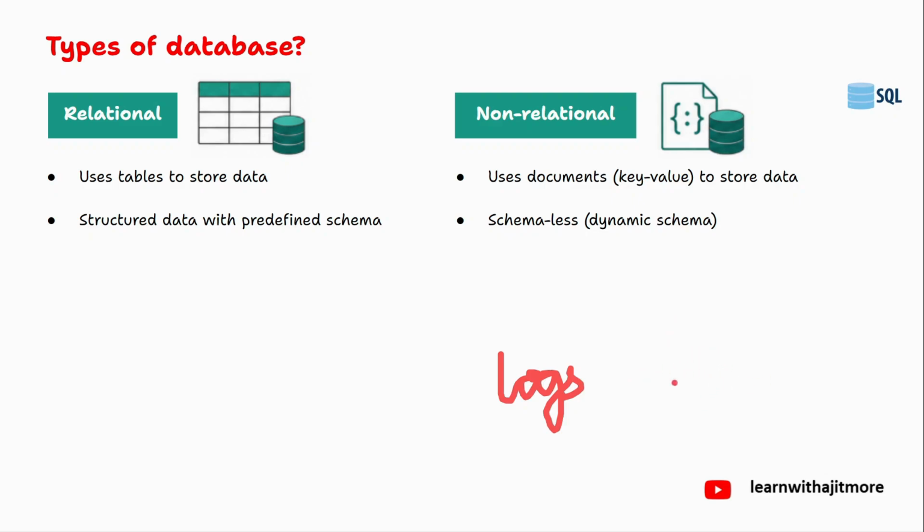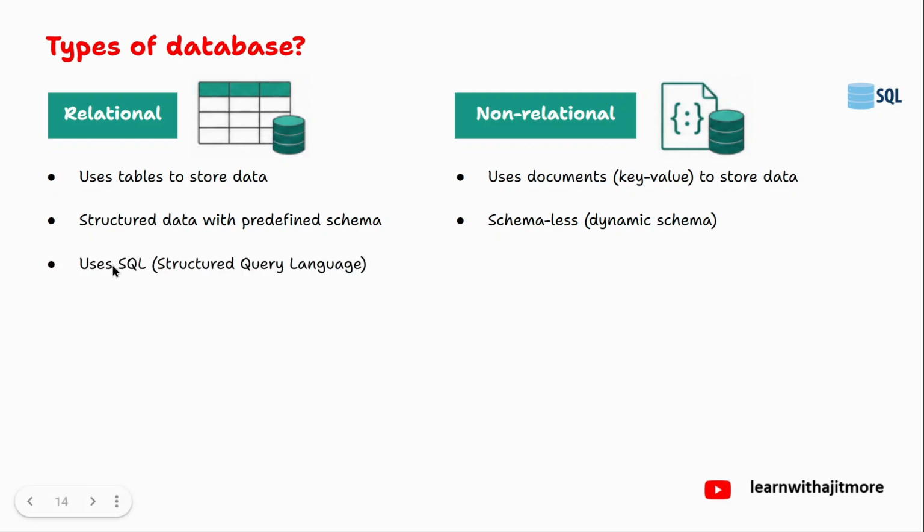All of that is kept: the IP address, the user ID, the timing. Now, every log entry doesn't have the same information. Each log entry may have fewer or more values. So generally for that case, non-relational is suitable. Some also use other formats like XML.